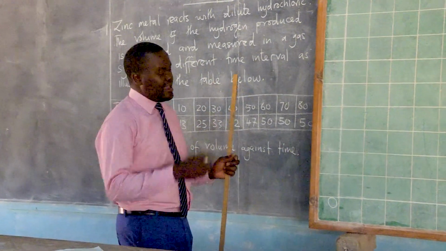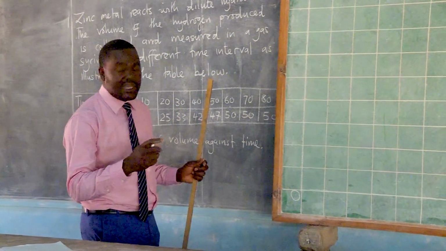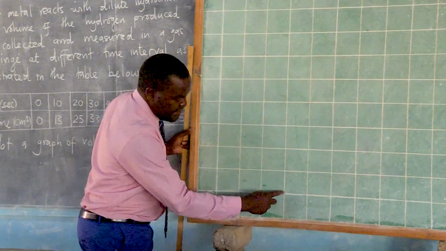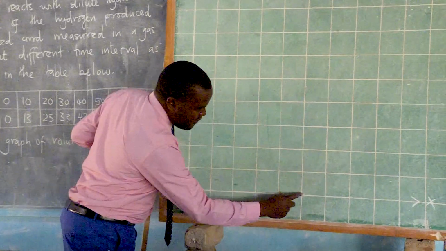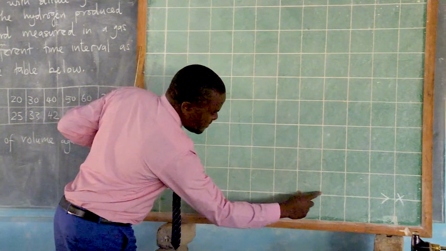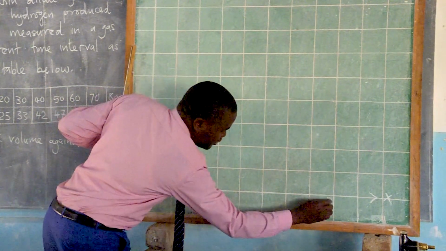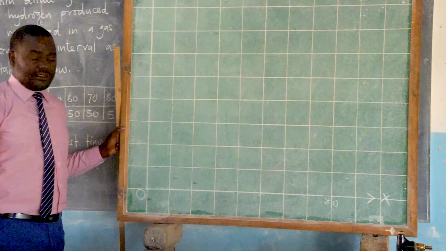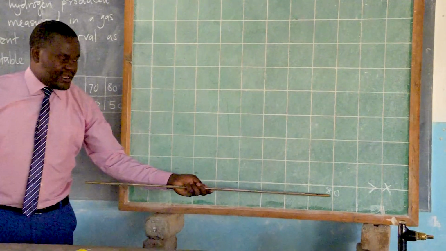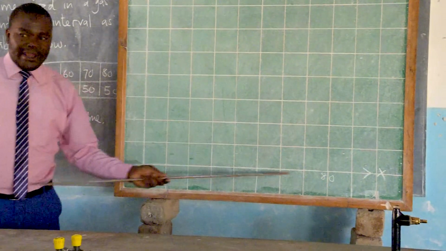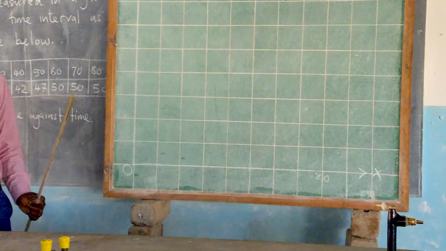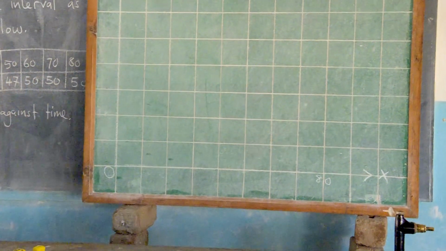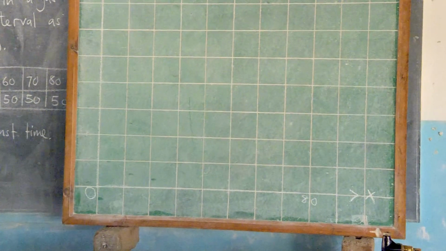So you're going to say, okay, I'm going to leave how many bigger boxes? 8. So this is 1, 2, 3, 4, 5, 6, 7, 8. So you put your 8 there. Are we together? So when you put your 8 there, how many boxes have you left? Yes, Mbalika? 8 boxes. You've left 8 boxes, right? Okay.